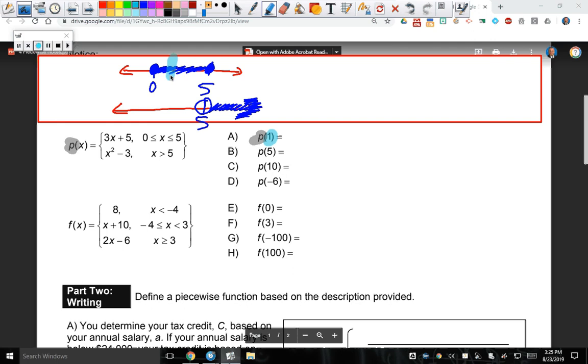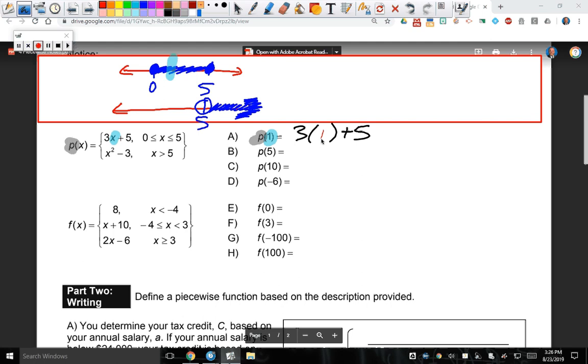Do you agree? Yeah. So it's going to be using this domain. That means we're going to use this function. That's how we know which machine to plug it into. And I'm going to plug it in where I see x. And the work that I want you to show is this. So 3 times something plus 5, and we're going to plug in 1.